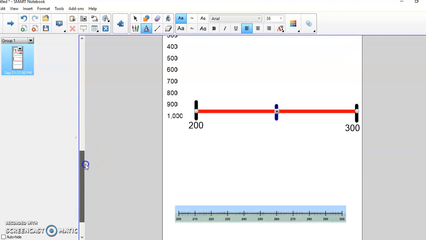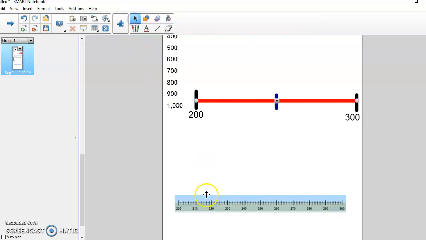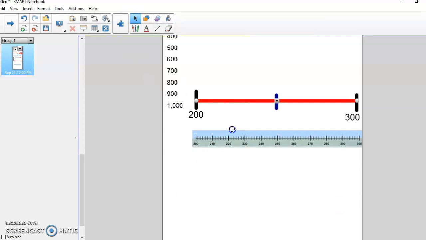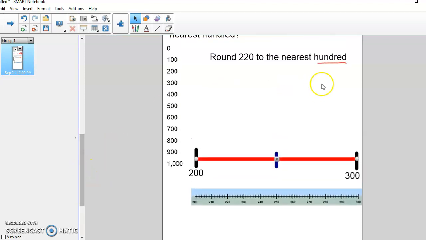Okay, well, I'm going to use my little cheat sheet number line again. And wow, there are lots and lots of numbers. Every one of these tick marks is worth a number. And I know that in between 200 and 300, there are 100 numbers, right? Because 100 tells us how many spaces are in between.